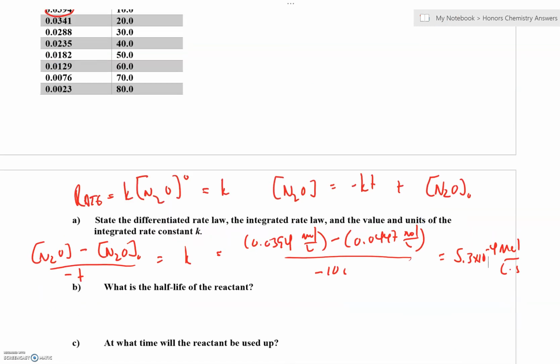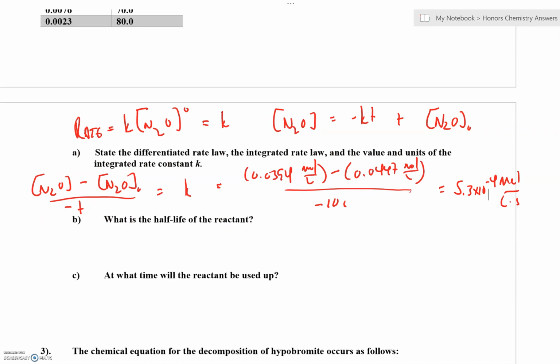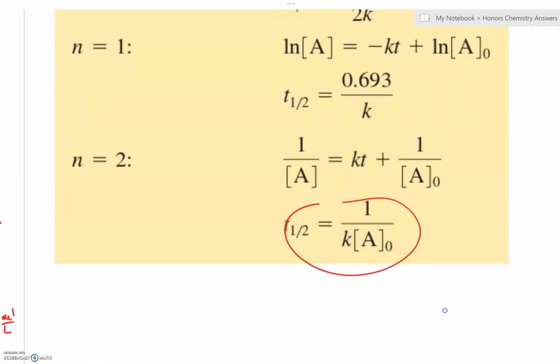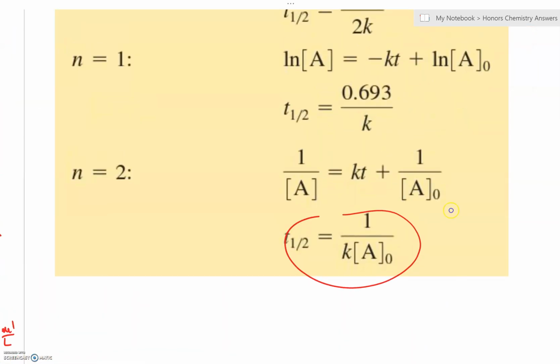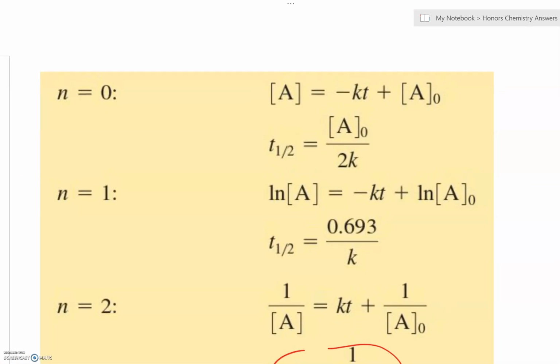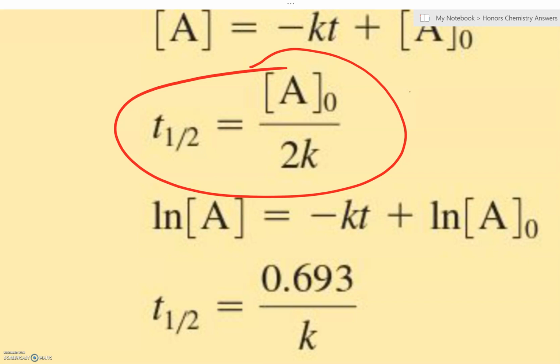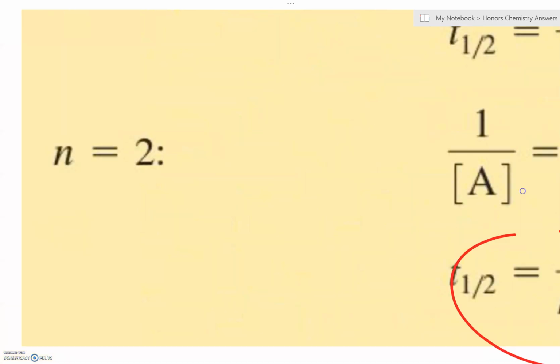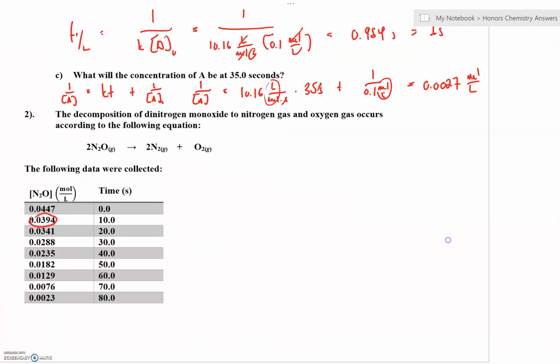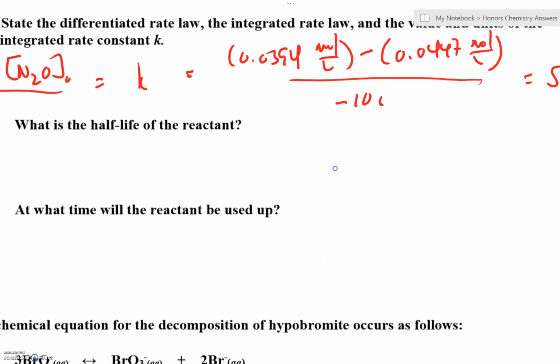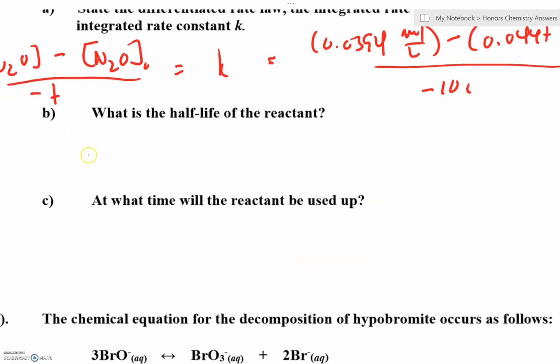Okay, so now we want the half-life of the reaction. And it's good to get these committed to memory, but I'm not so good at it myself. And so the half-life equation for a zero-order reaction is concentration of A at time 0 divided by 2K. So let's plug that in right here. So t1/2 is going to be equal to our concentration at time 0 divided by 2K.